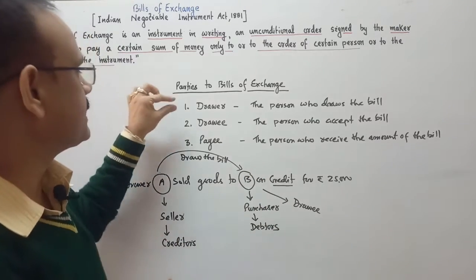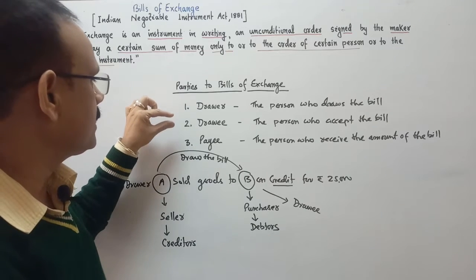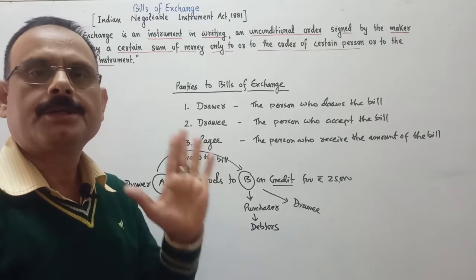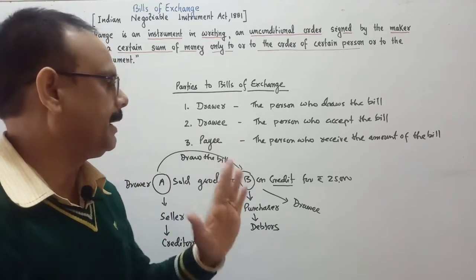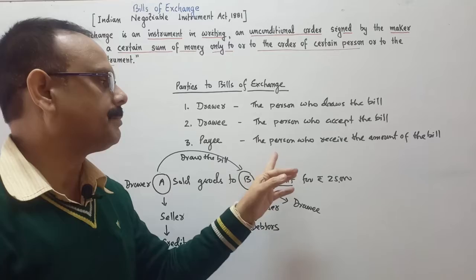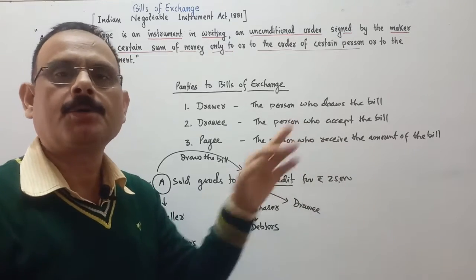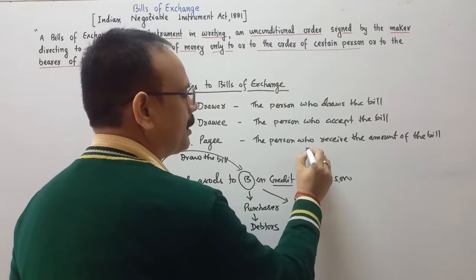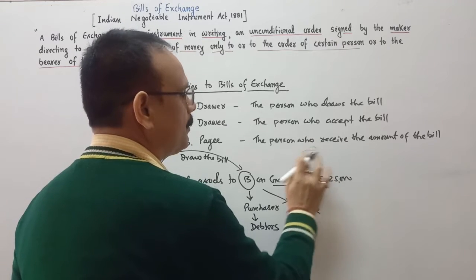So in a bill of exchange there are three parties: drawer, drawee and payee. Payee is whom? The payee is the person who receives the amount of the bill. If the bill is in the hand of the drawer, then the drawer will be the payee.